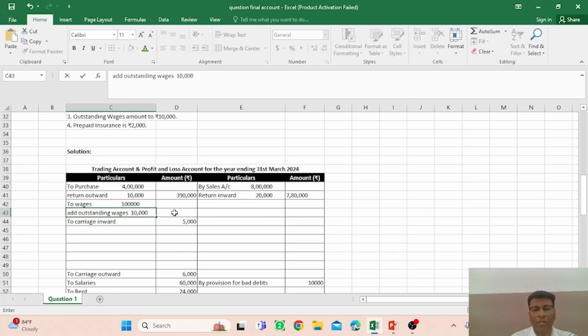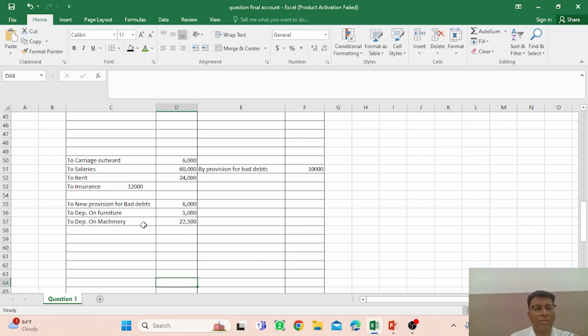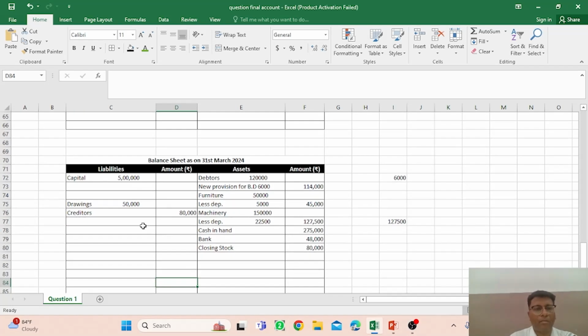So you have to mention rupees 1,10,000, and this is the liability. So you have to mention on the liability side outstanding wages 10,000.